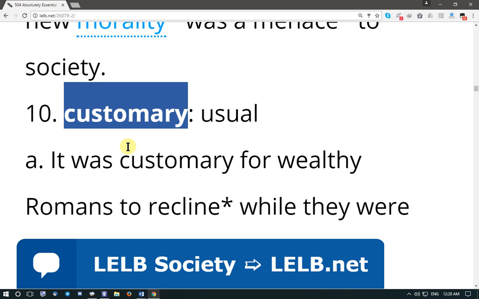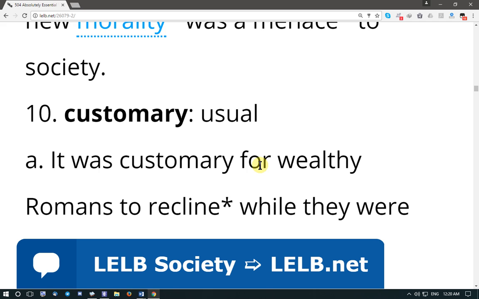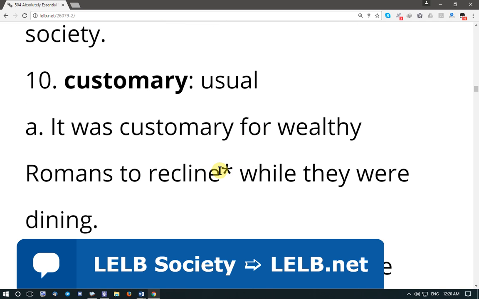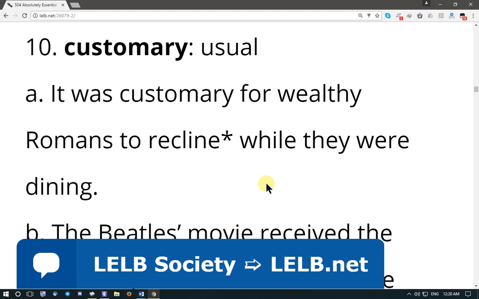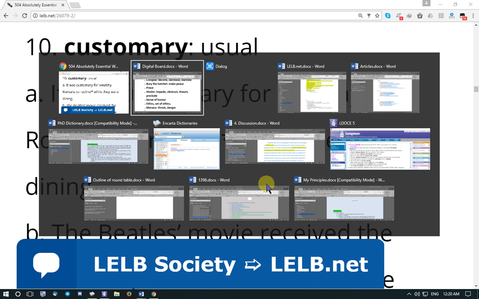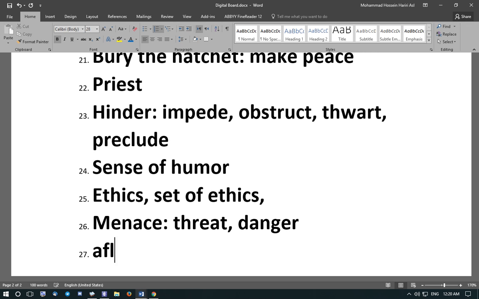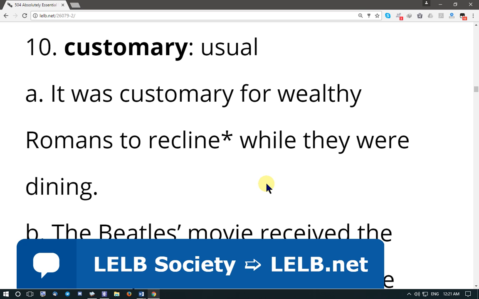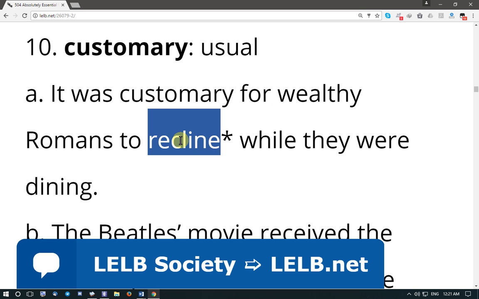It was customary for wealthy Romans to recline while they were dining. It was usual for wealthy or affluent, affluent means very wealthy, Romans to recline or lie.